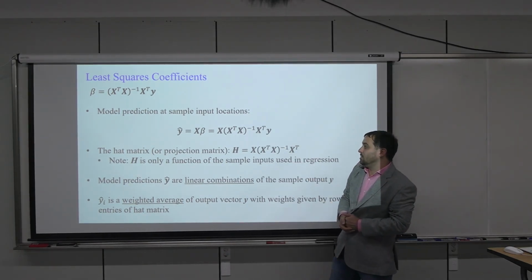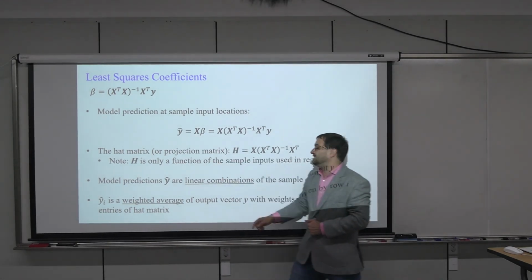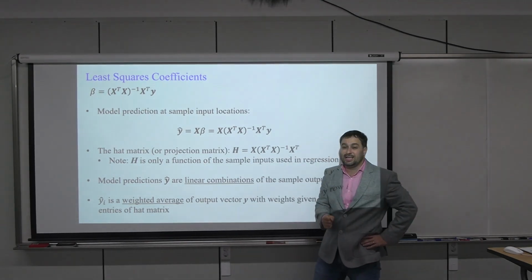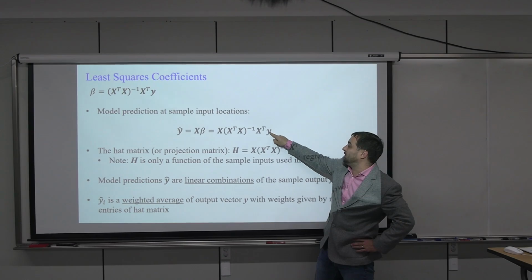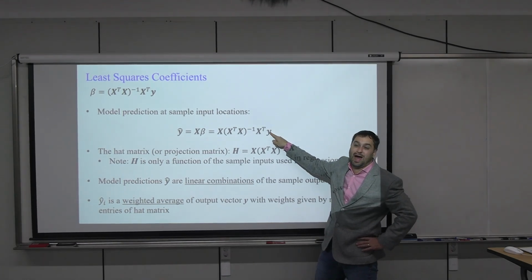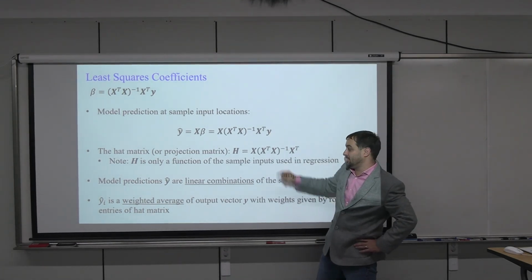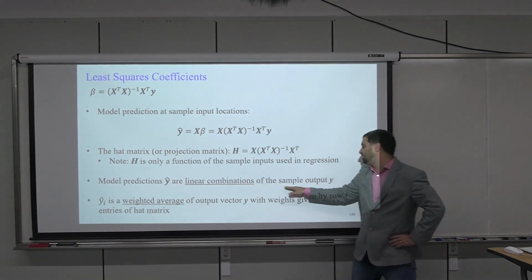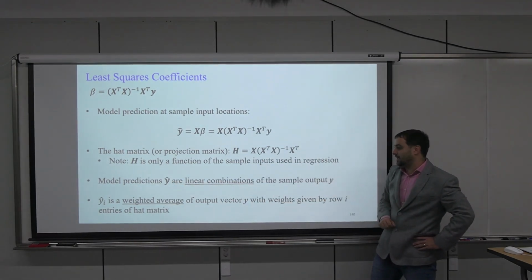So each Y hat model prediction is a linear combination of the output values Y in your data set. The model predictions Y hat are linear combinations of the sample output Y.